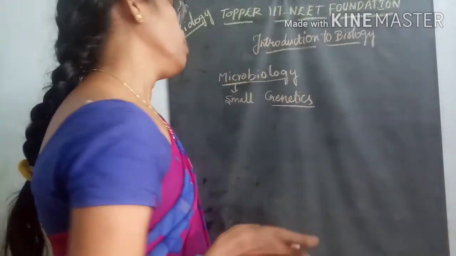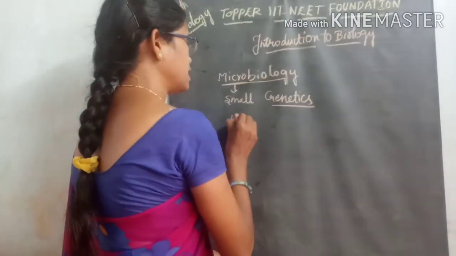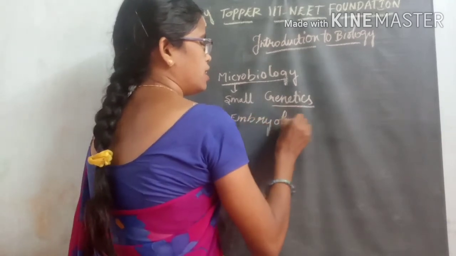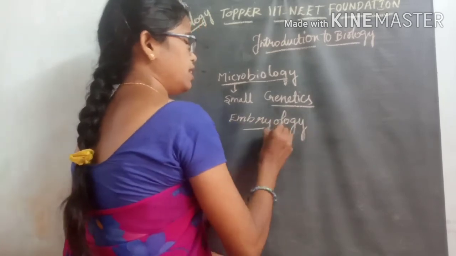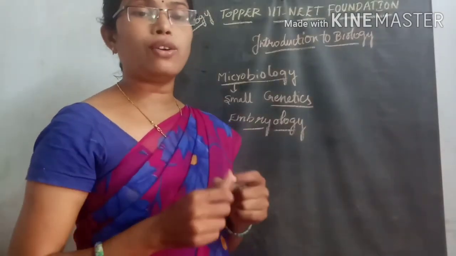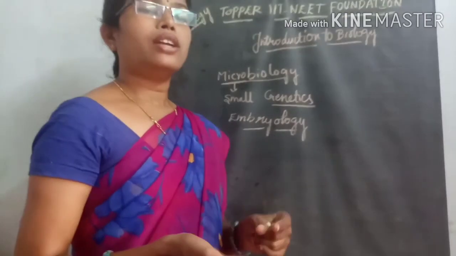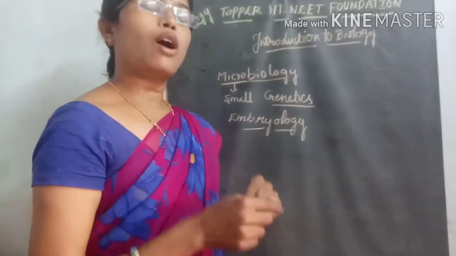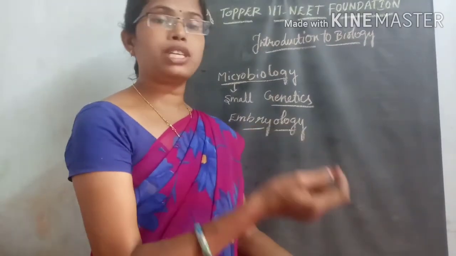Another important science related to biology is embryology. Embryology mainly deals with the embryo, its development and formation, how the zygote transforms into an embryo, and how the embryo develops into a fetus.